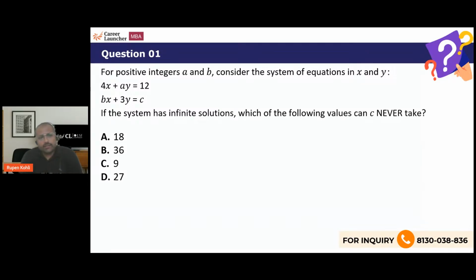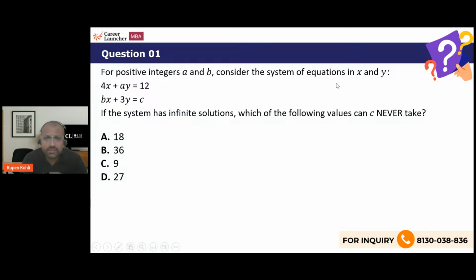Okay, so let's see. We have been given that for positive integers a and b, consider the system of equations in x and y. So we have two equations, 4x plus ay equals 12, bx plus 3y equals c. If the system has infinite solutions, which of the following values can c never take? Perfect.